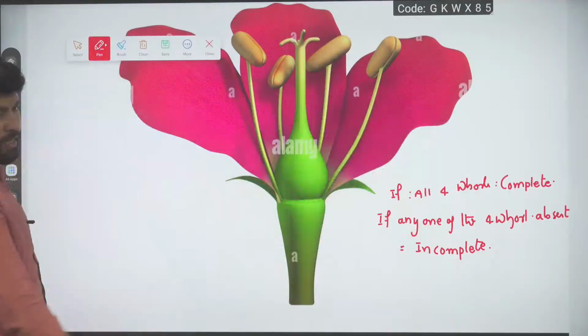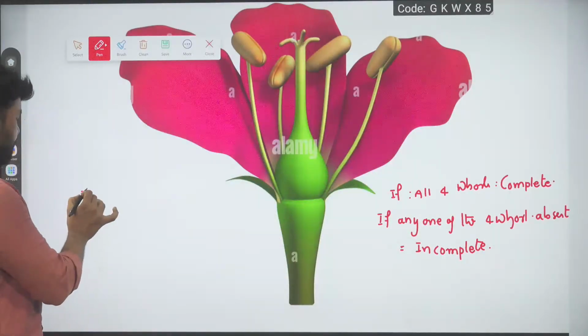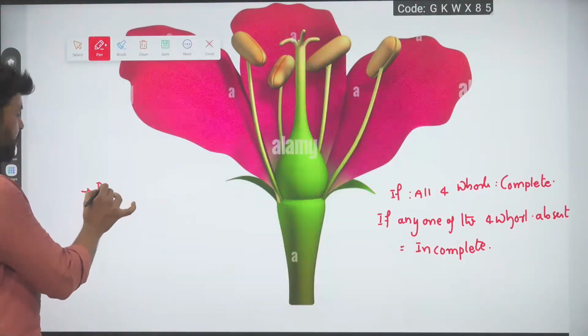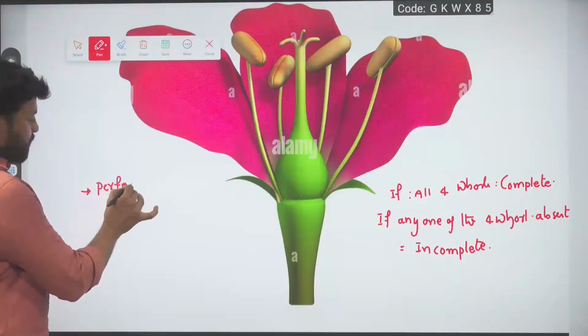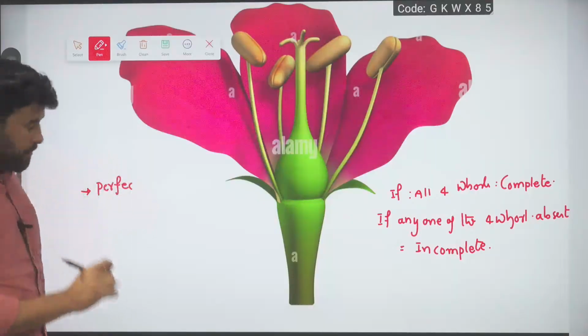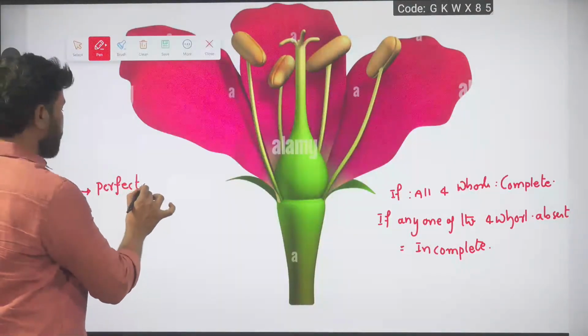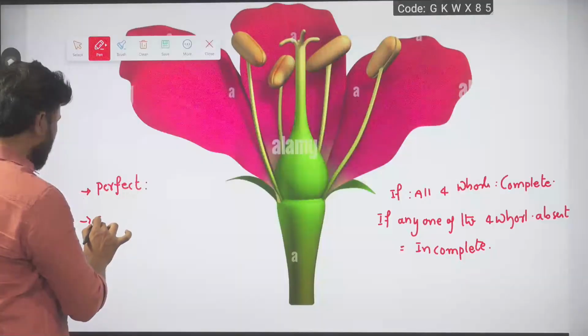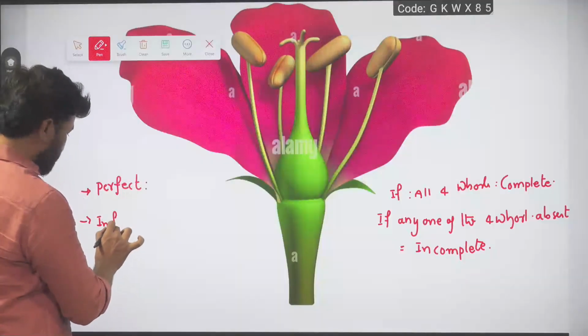Come to another thing. There is a word called perfect flower, not complete. Perfect flower, and another one is imperfect flower.